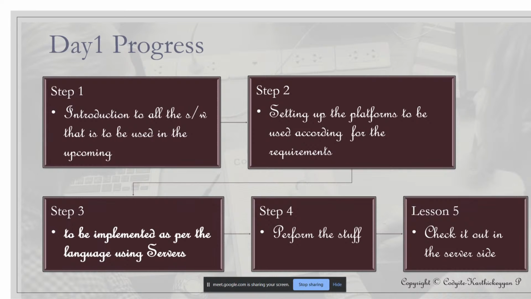In this day 1 process, there are 5 steps to follow. One is seeing what software is needed for the following steps. Another is setting up the platform, which is a prerequisite and is implemented as per the language server.